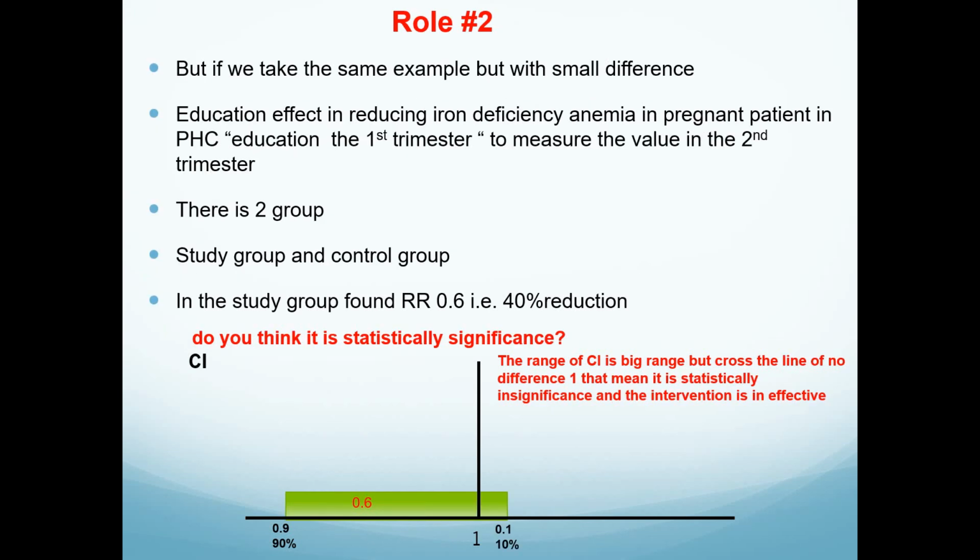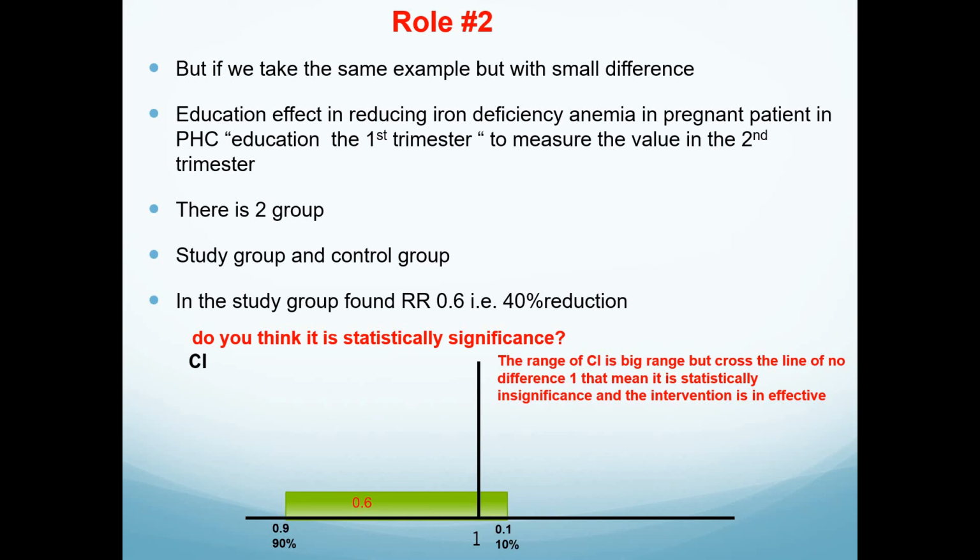But if we took the same example, and we found that the relative risk is 0.6, with the p-value less than 0.05, but when we look at the confidence interval, we found that the confidence interval crosses the line of no difference, where some of the patients have developed more iron deficiency anemia.